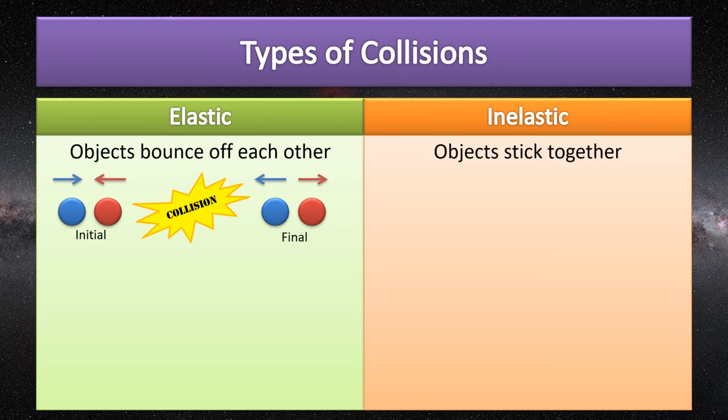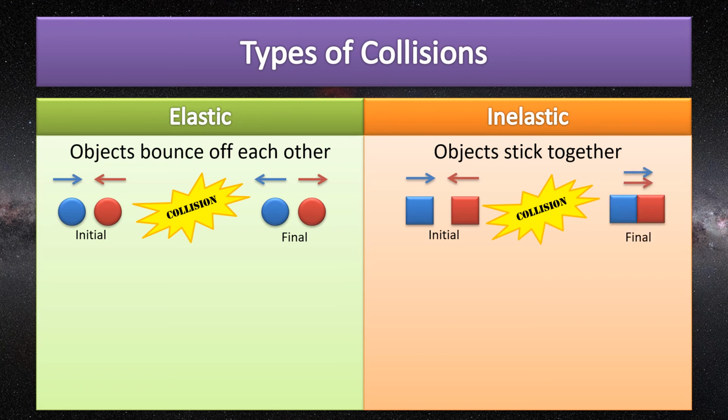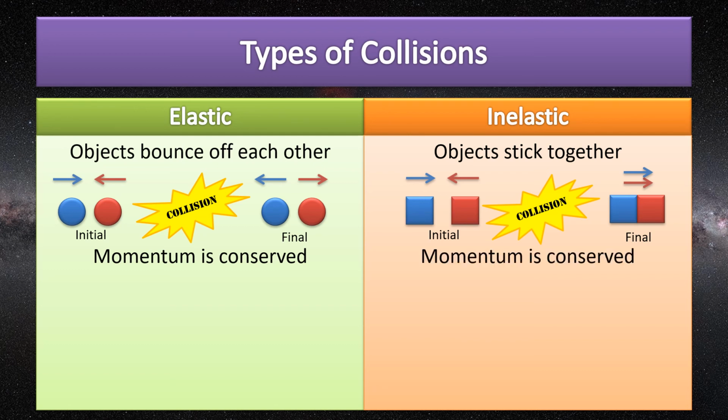For inelastic, the objects stick together. So the two objects come together and then they collide and they lock together and move with the same velocity. They're moving together. So that's an inelastic collision. Elastic bouncing off, inelastic sticking together. That's a way to remember it. Momentum is conserved for both of these.